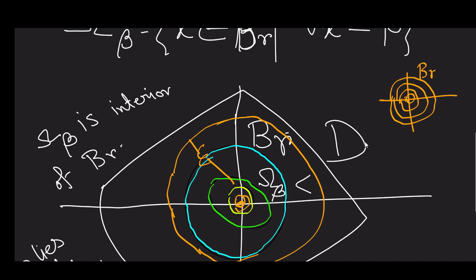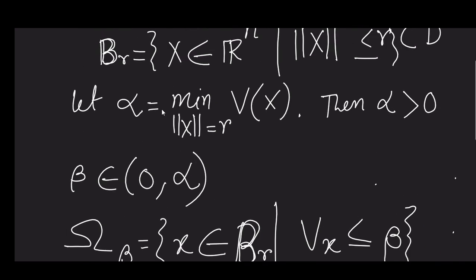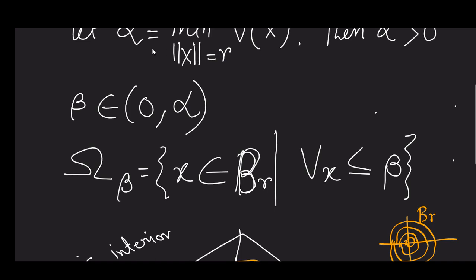No, not like that. Omega b is defined in such a way that it is based on alpha, and beta is equal to 0 comma alpha. Now this alpha, where do you get it? That is the minimum value.